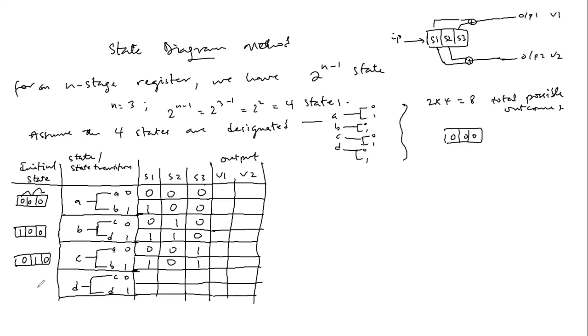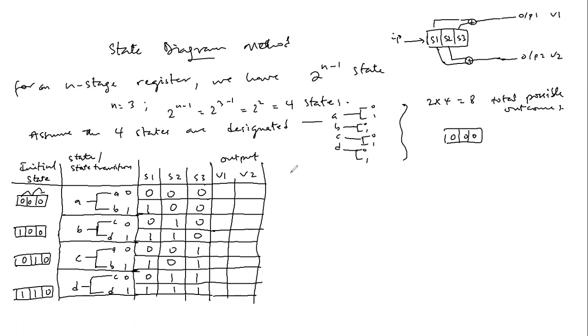And now, for state D, the initial state becomes 1, 1, 0. And we'll feed in a 0, so that'll be 0, and this one will shift here, and this one will shift here, 1, 1. And when we feed in a 1 here, the 1 will shift here, this one will shift here. So we have that.